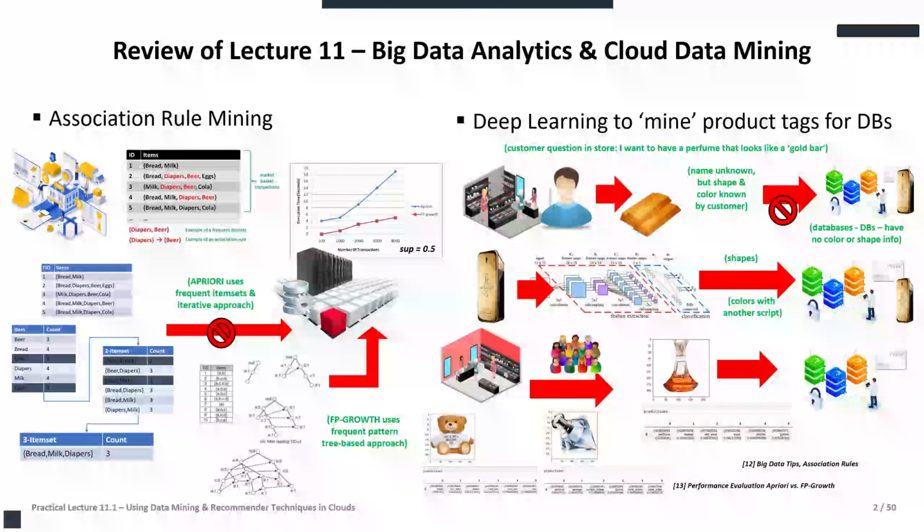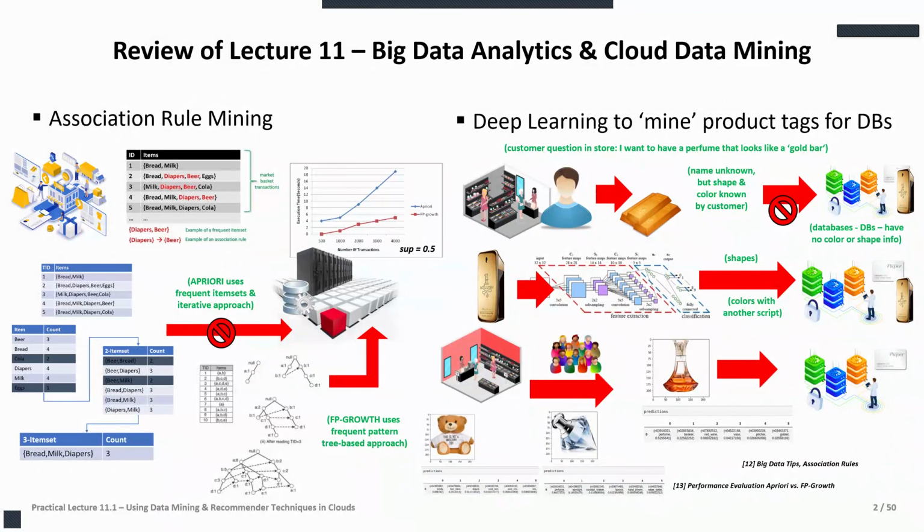But the databases that the shops usually get from the producers do not have color or shape information or something like this. So what Shadi and others in the project and we did was use deep learning, with something that Shadi was alluding to, ImageNet, a pre-trained network, which we enhanced a little bit.